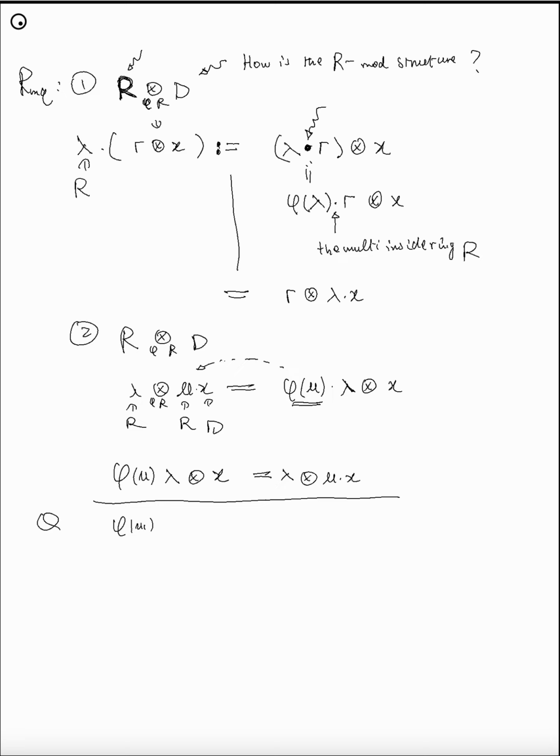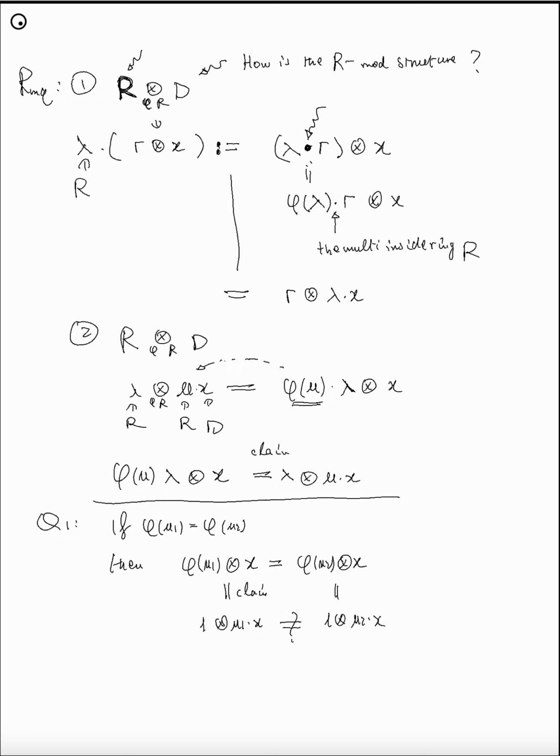Say phi of mu1 tensor x, and if phi of mu1 equals phi of mu2, then basically you're telling me that this should equal this, but by the claim this is mu1 x, this is mu2 x, are they indeed the same?